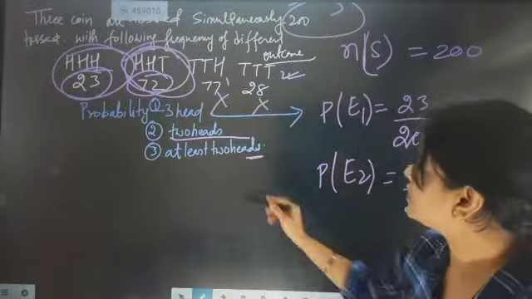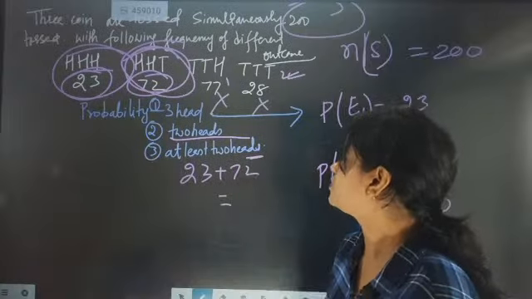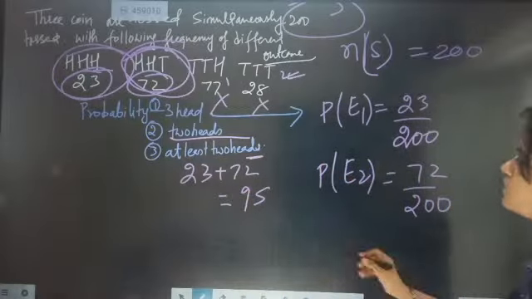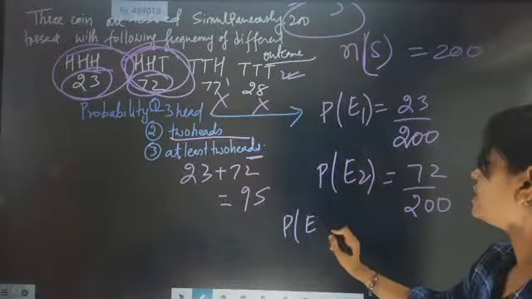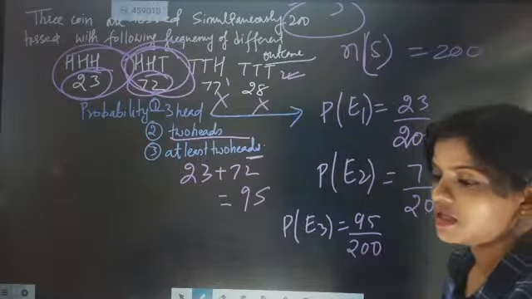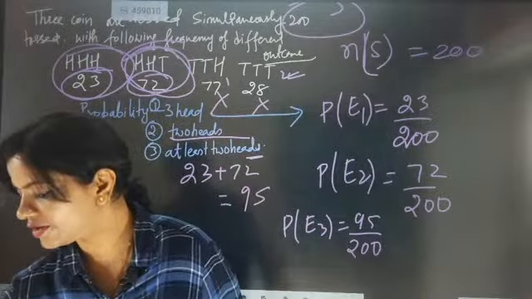So this is going to be 23 plus 72. Total is 95. So the probability is going to be 95 by 200. That's it, 95 by 200.